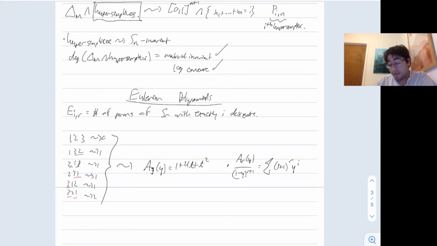Okay, so you have this nice power series expansion, and here's a more important fact: the coefficients are the volumes of the r-dimensional hypersimplices.